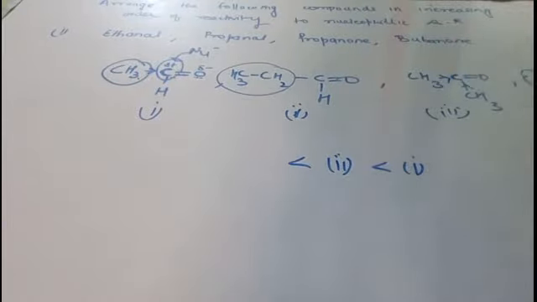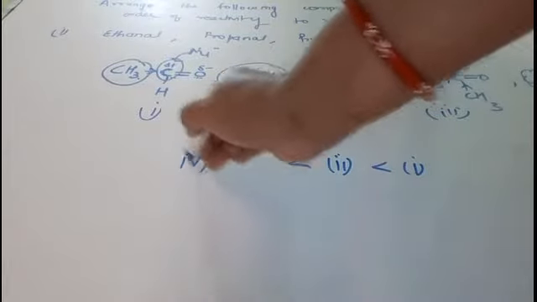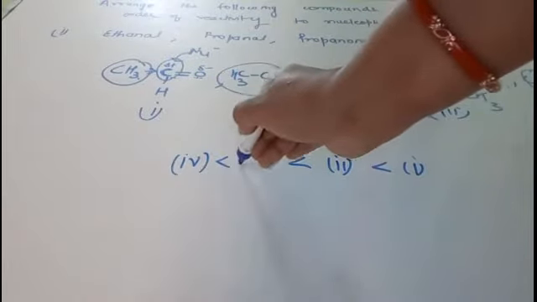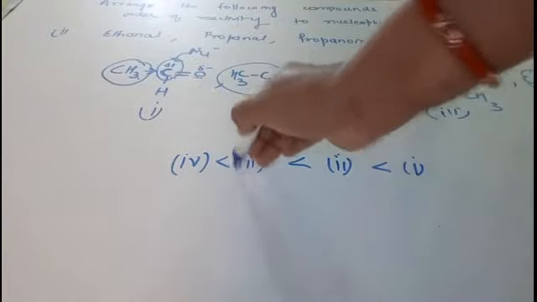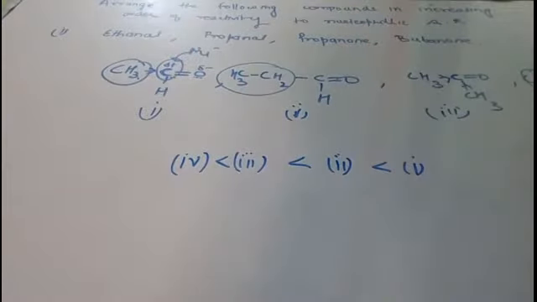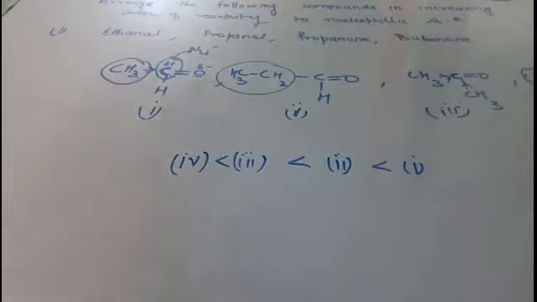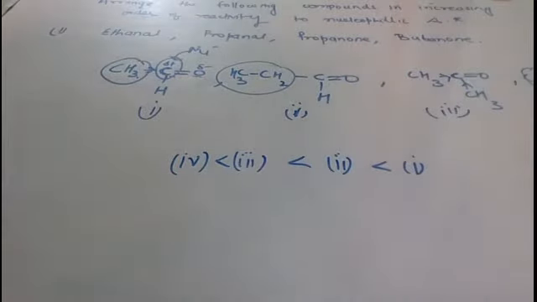Then out of this propanone and butanone is least reactive, right? And then propanone. So butanone, propanone, then propanol, and then ethanol. This will be the increasing order of reactivity. More the plus I effect group, more the bulkier group, lesser will be the reactivity. So keep this point in mind, right?